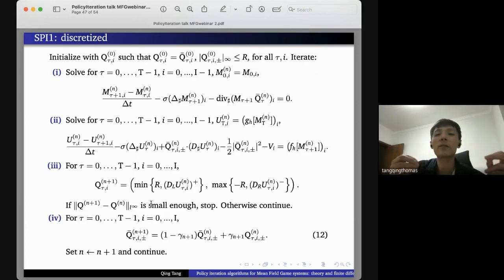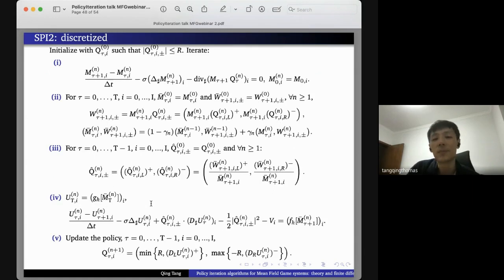That's why when I take the average, I also average separately on the two sides of Q. When I do smoothing, I have to maintain the double-sided structure of Q, and this is SPI2, same thing. I know this slide is terrible, but you get the main idea: I have a two-sided policy, and when I do averaging or smoothing, I keep this structure. I cannot break it.